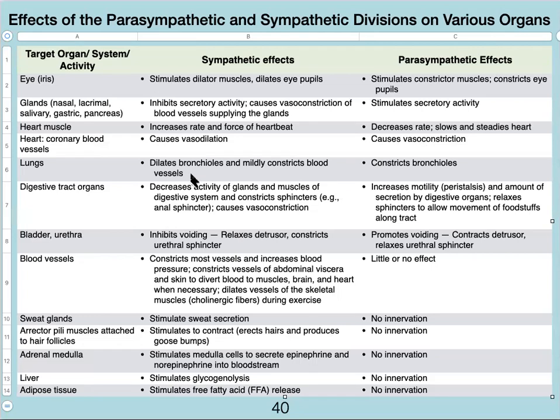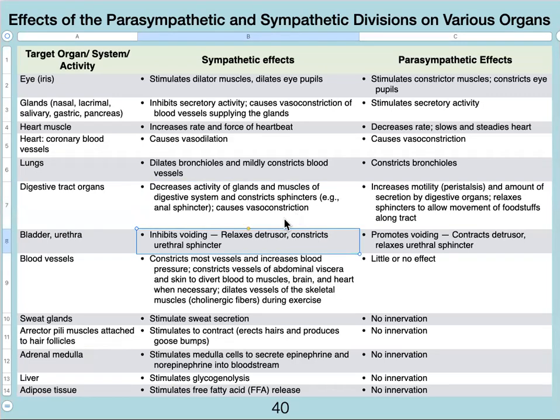Okay, and we also mentioned how to get you through crisis, sympathetic division helps bronchodilation. Parasympathetic causes bronchoconstriction. And since digestive and urinary activity are not essential to getting you through crisis, they are going to be delayed until you are in a situation where you can relax, right?